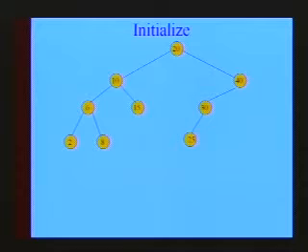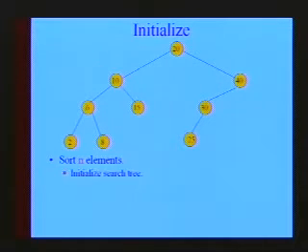You prove that by making use of a known result for sorting, which says you cannot sort n elements in less than n log n time. So you can use a binary search tree to sort. Given n elements, you first construct the binary search tree. That's the initialize step. Having constructed it, you then perform an in-order traversal and list the elements in sorted order.